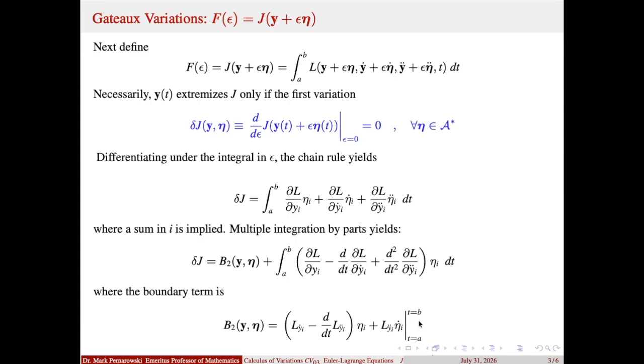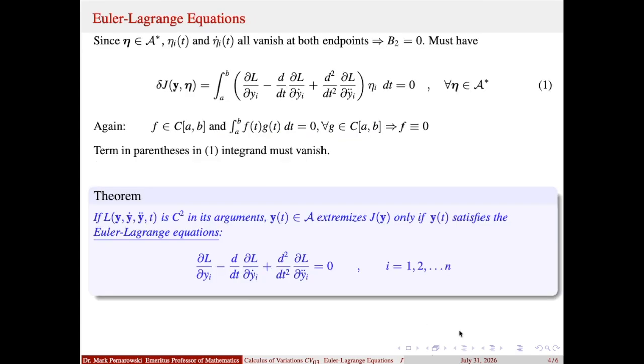So that's my next statement. I say it up here again. Since eta is in the admissible variation set, the eta i of t and eta i dot of t vanish at both the endpoints, meaning t equals a and b. That implies the boundary term is 0.